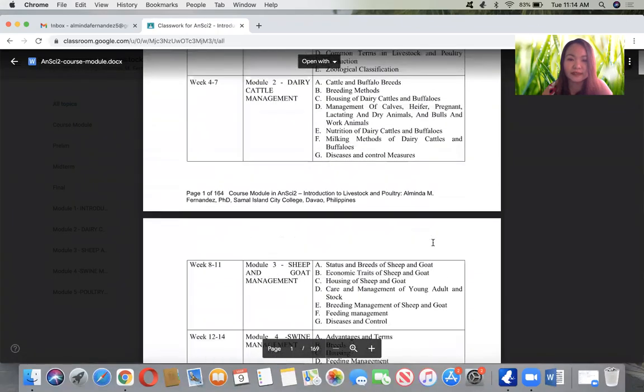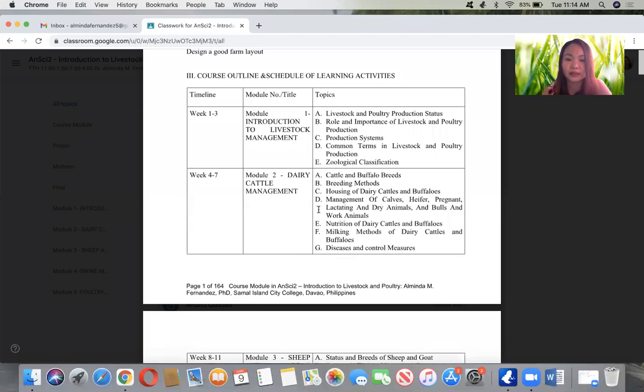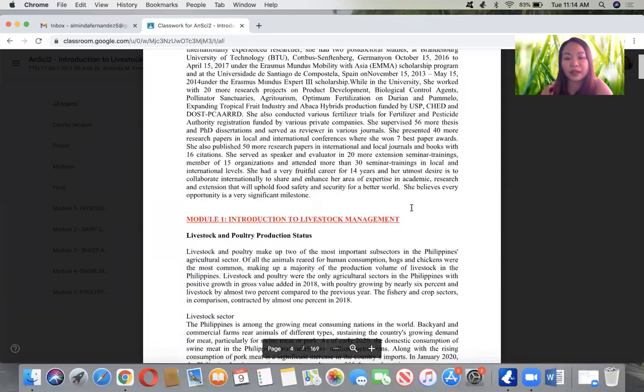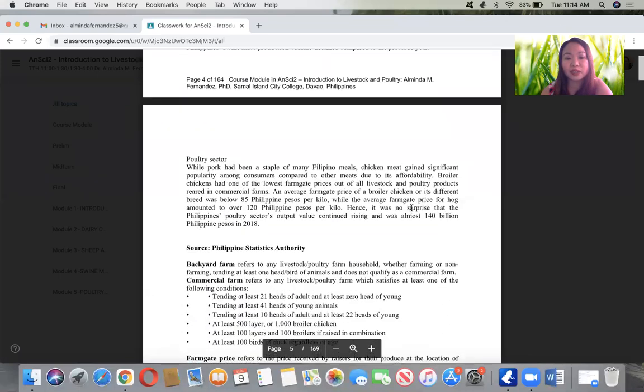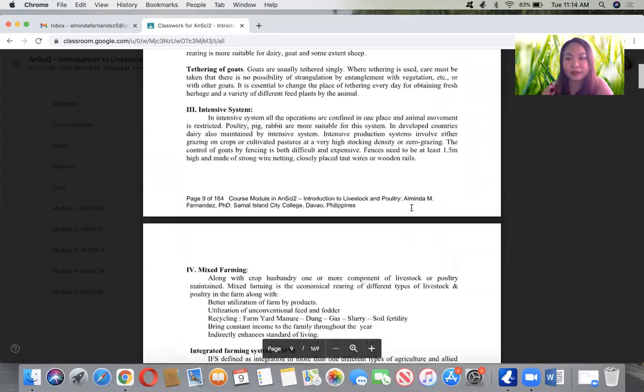As I have said in this video, we're going to start with the cattle. This was discussed in your module: based on breeding methods, housing of dairy cattle and buffalo, management of cows and heifers, pregnant, lactating, and dry animals, and bulls and work animals. And also nutrition, milking methods, and disease and control. So we will have a run through now, and it's also important that you watch the video, as a supplement to our topic.